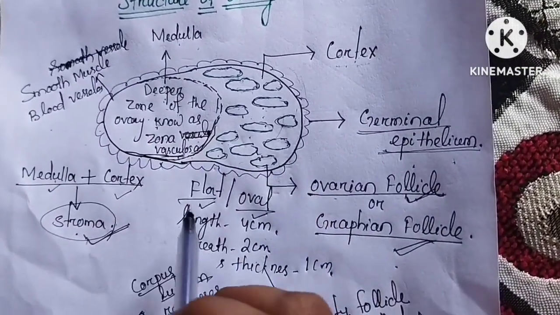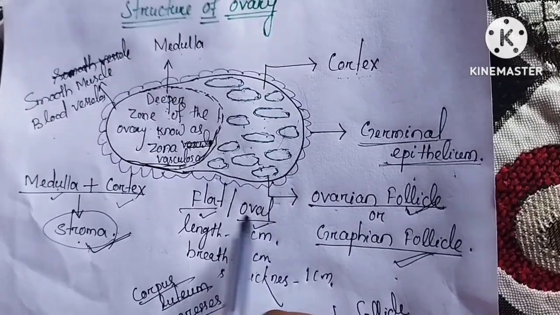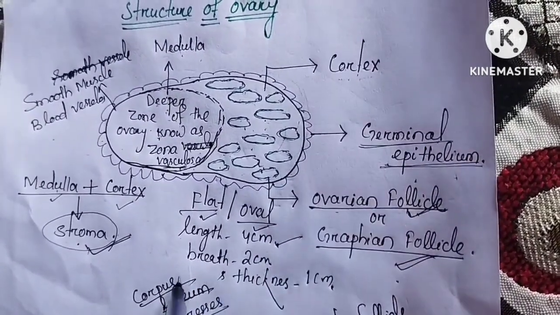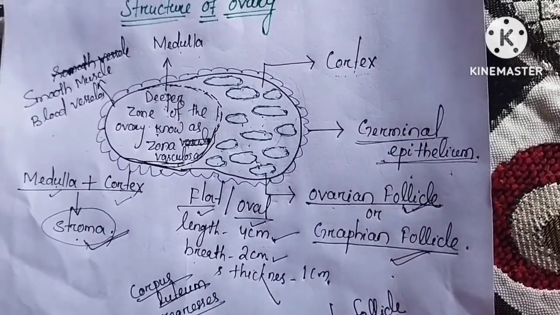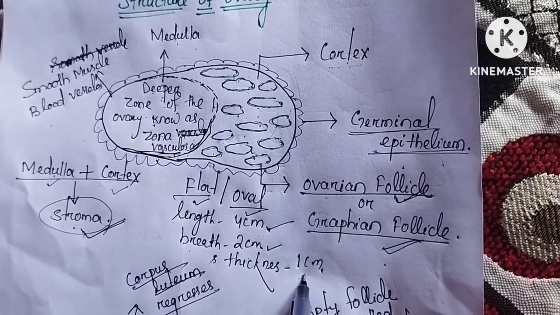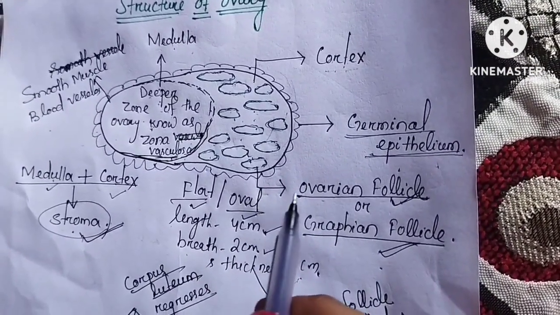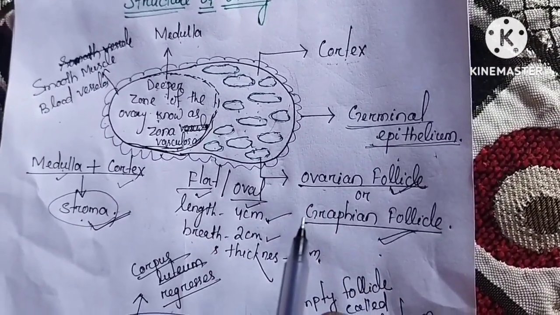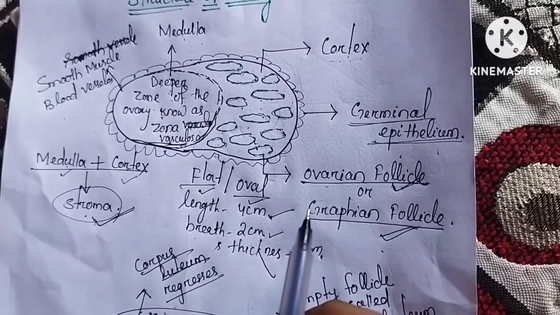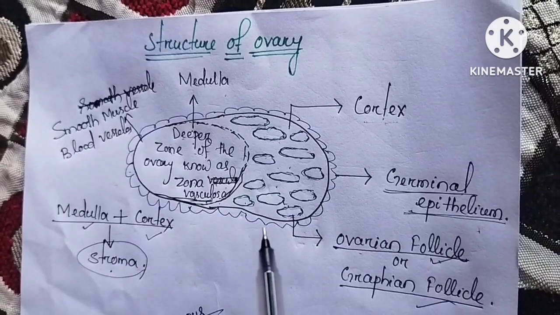The two ovaries are present on the left and right side of the uterus in a portion called the ovarian fossa.